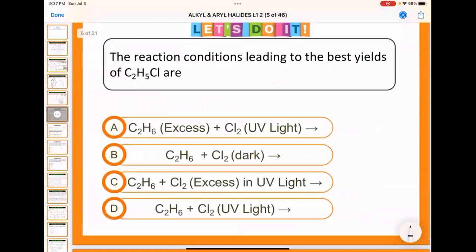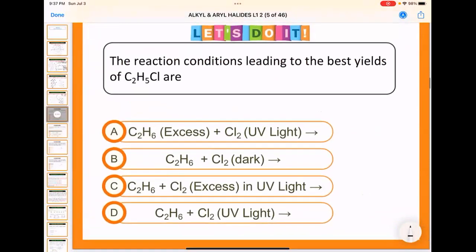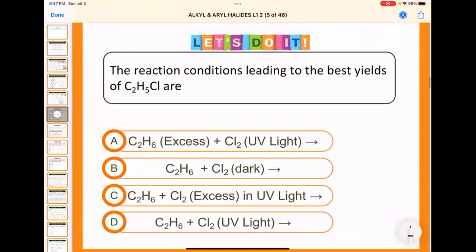So now let's move to some questions. Try to do this question quickly.